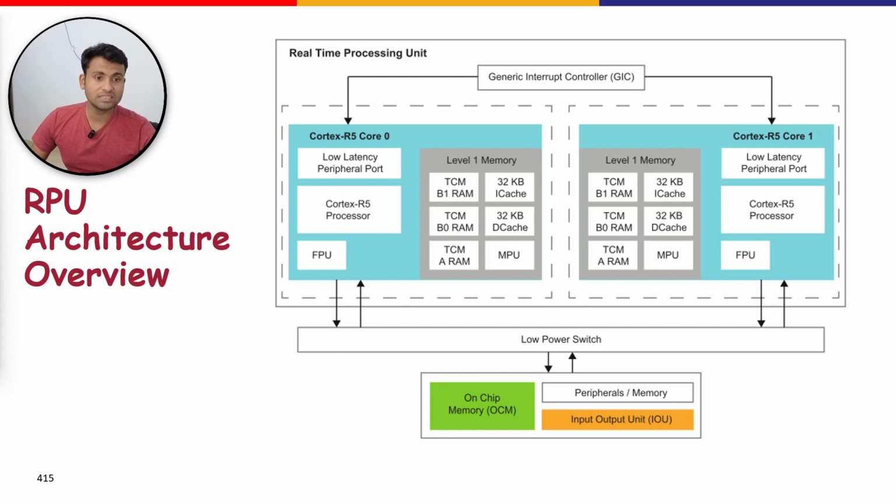And both the A bank and B bank are concurrently accessed by the load store unit. This concurrent access is possible because each memory bank has dedicated ports connected to the load store unit. The TCM blocks labeled A have 64 KB addressable space, while the blocks labeled B have 32 KB addressable space.